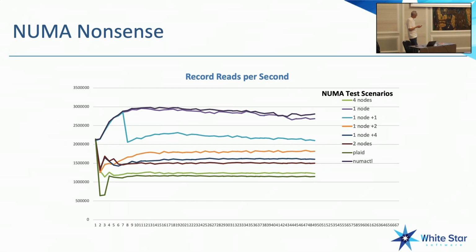Anyway, this particular chart is some testing of the impact of different scenarios on record reads per second in a NUMA scenario. In the default situation with 4 nodes, so that's 32 cores, 8 cores per CPU, 4 nodes, we're getting about 1.25 million records per second.